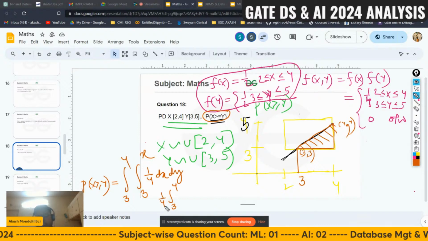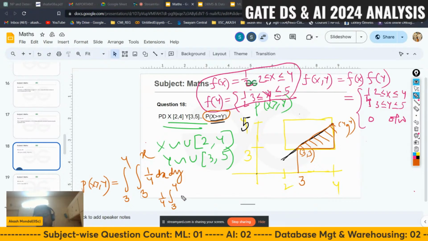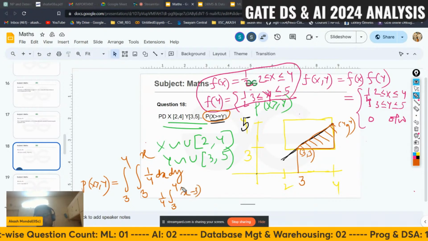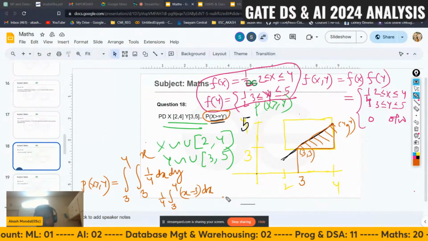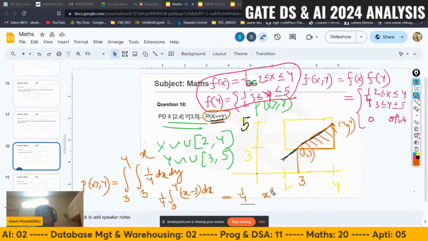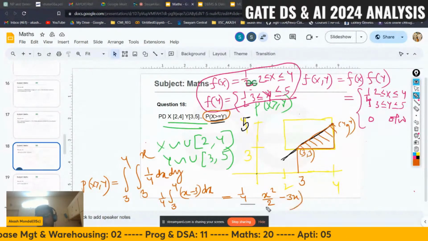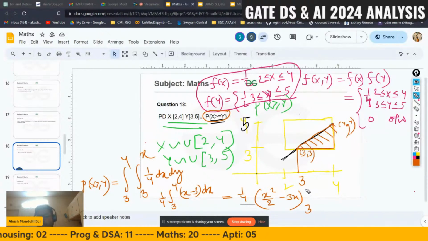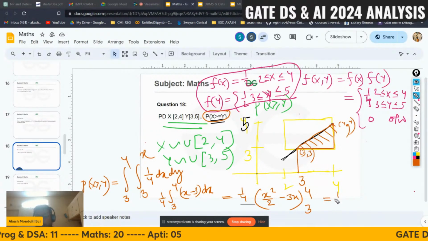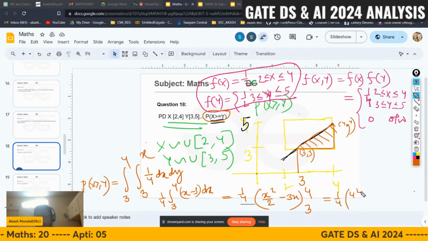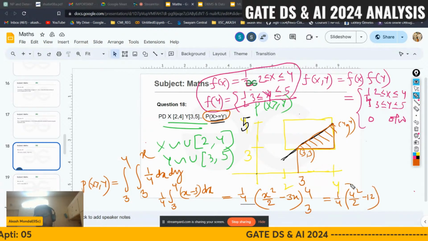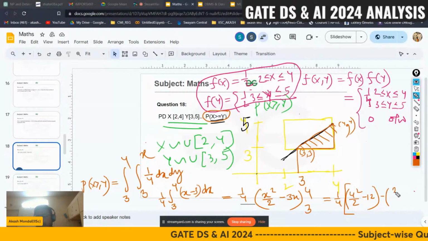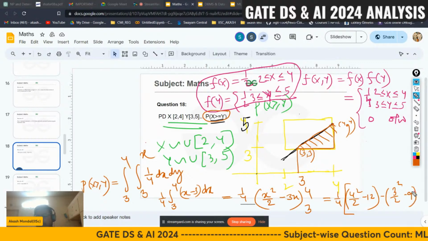So 1 by 4 you can take out, and this is going to be x minus 3 dx. This is 1 upon 4 times x squared by 2 minus 3x from 3 to 4. So this is 1 upon 4 times 4 squared by 2 minus 12, minus 3 squared by 2 minus 9.